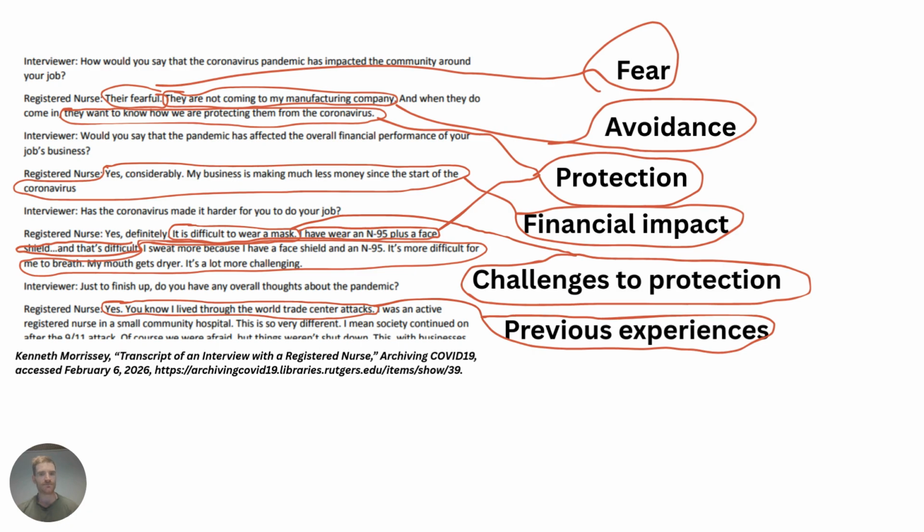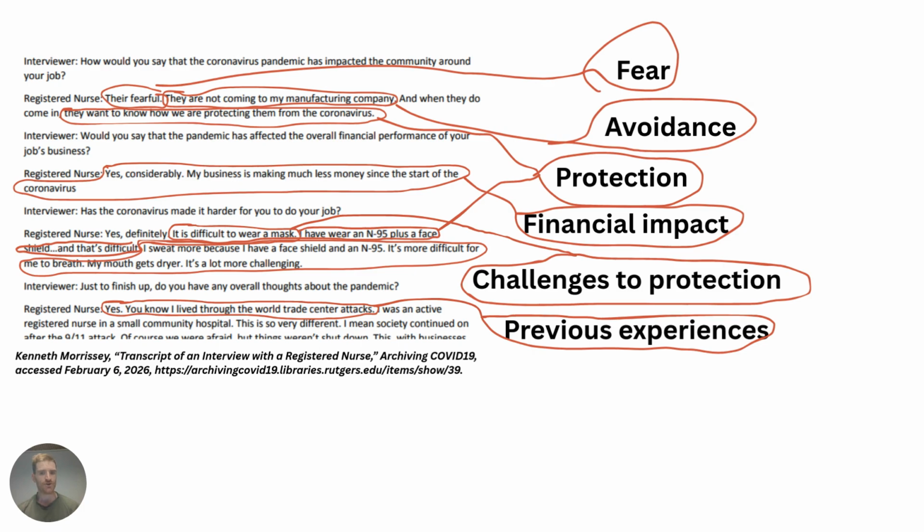As I said, we're trying to identify the surface level content, not the underlying meaning. So in this transcript, the registered nurse is commenting up the top here that patients are fearful of the coronavirus pandemic, and we might code this simply as fear using their own words, which is often a useful way to do it.